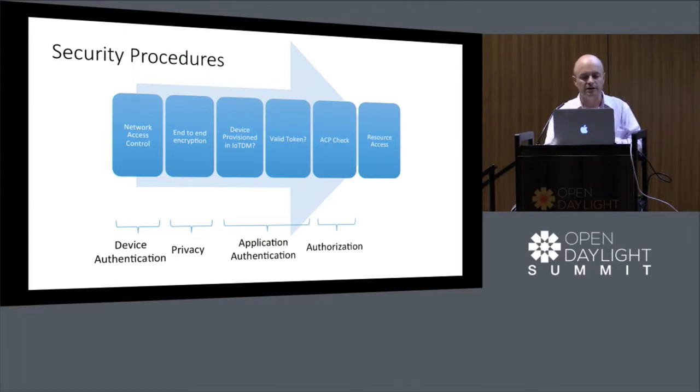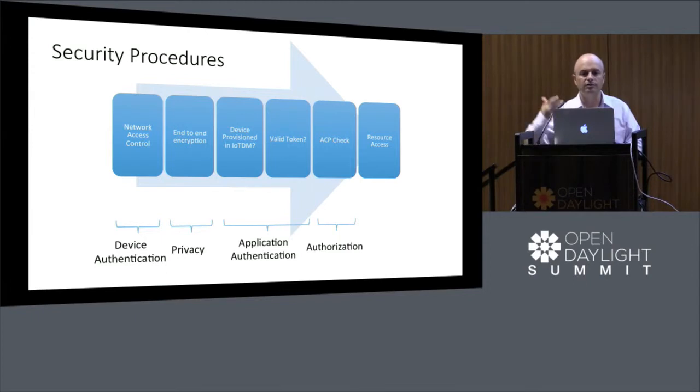If you know the device, then you check if the device has a valid token. So we have plans for OAuth. Therefore, for every request you check first if you know the device, and second if the token associated with the request is valid. And if all that passes, then you have access control policy checks.